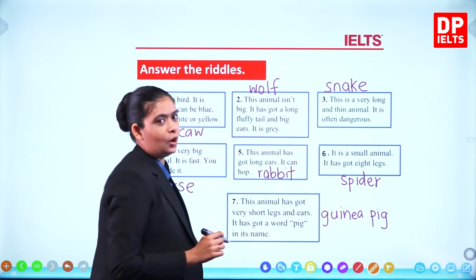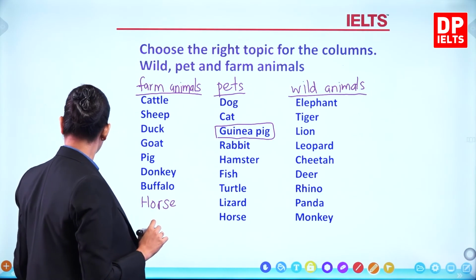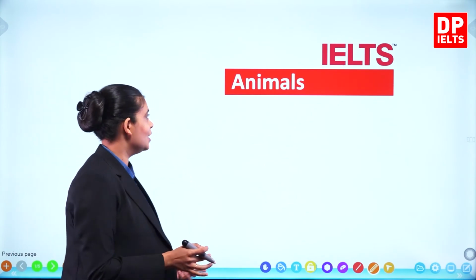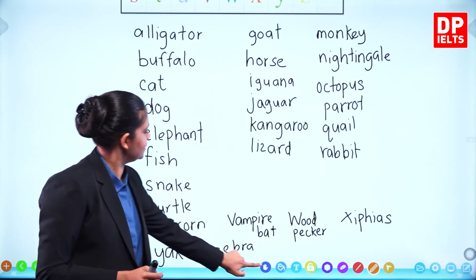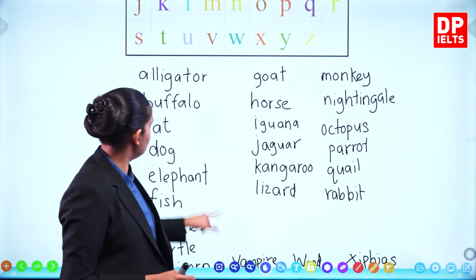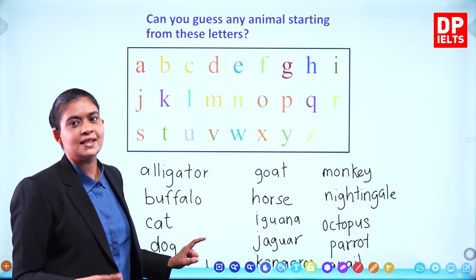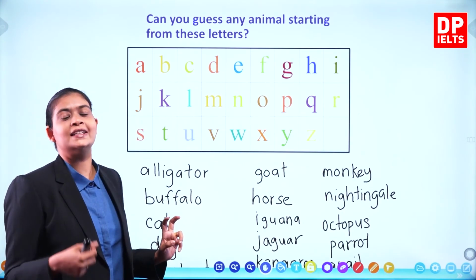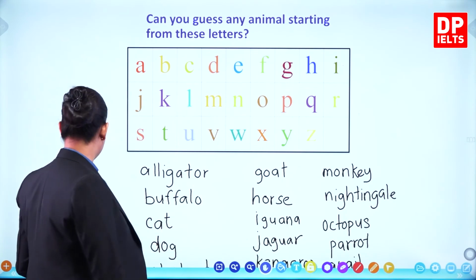Right? Okay, so we were having a look at animals and we had a look at some of the animals that we know and some of them that we don't know, right? So at the start of the lesson, we had a little race, where we were supposed to write down the names of the animals that we know. The alphabet was there and you were supposed to write a name of an animal starting from each letter.